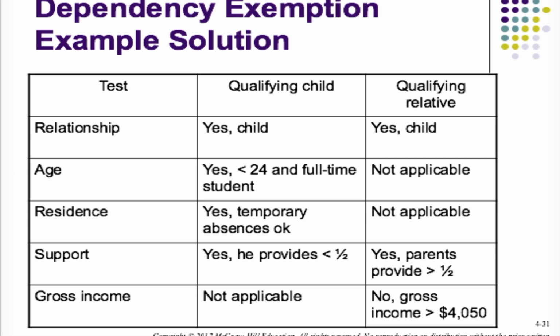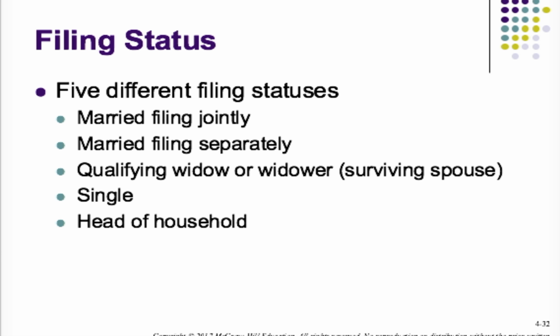There is no gross income portion of that, so yes. Qualifies for all of the qualifying child tests. How about qualifying relative? Relationship, yes. There is no age or residence test there. Support test, yes. Gross income test, no. So this person fails as a qualifying relative. But as a qualifying child, yes.